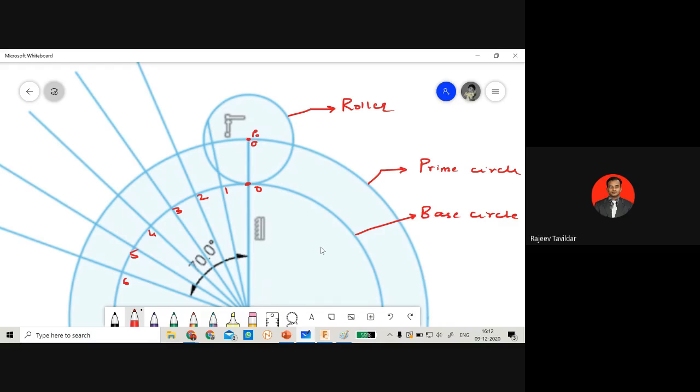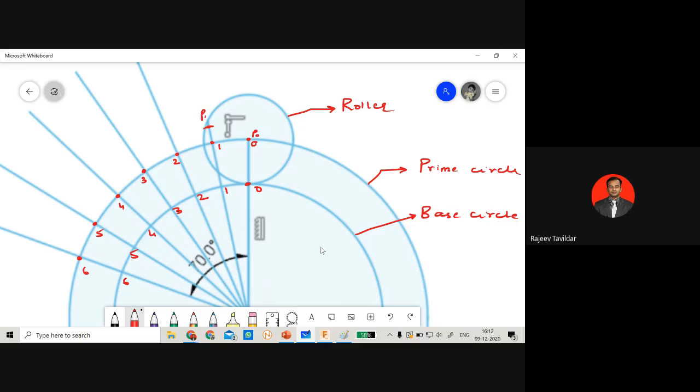Whatever 1, 2, 3, 4, 5, 6 I'm having on the base circle, I'll put them on the prime circle now. So this is actually point 1, this is point 2, point 3, 4, 5, and 6. From point 1, I will measure the P1 distance from the displacement diagram and cut the arc over here.